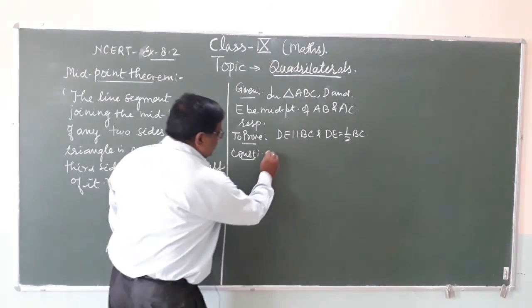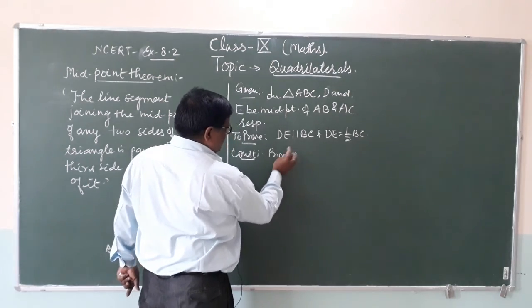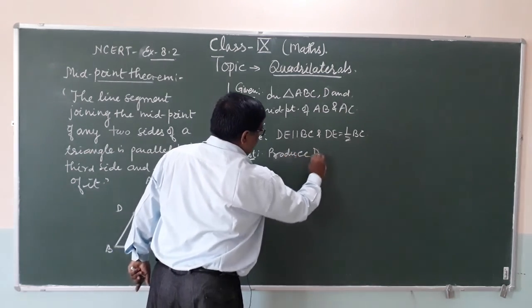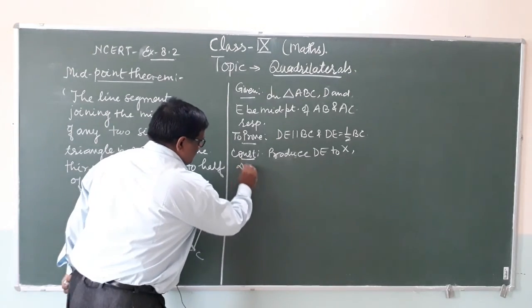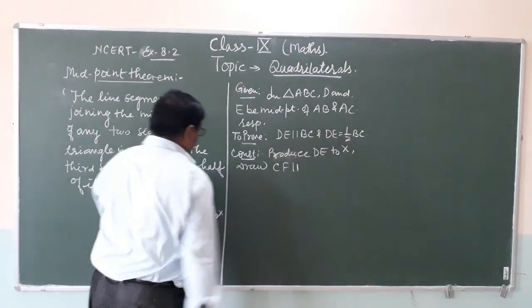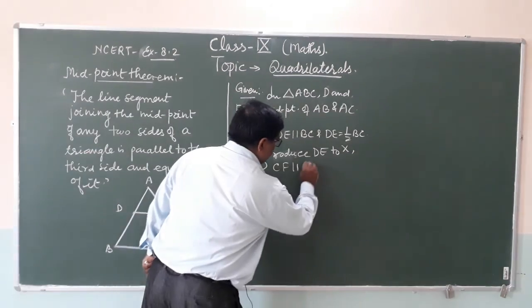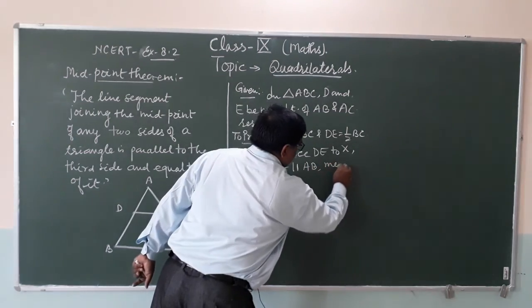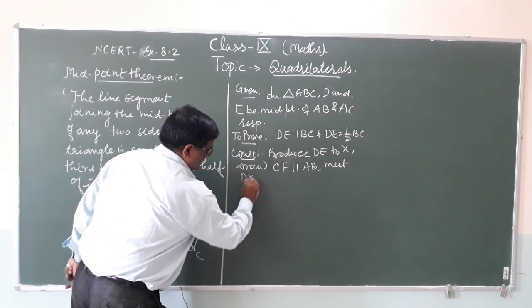Now write: produce DE to X, draw CF parallel to AB, and meet DX at F.